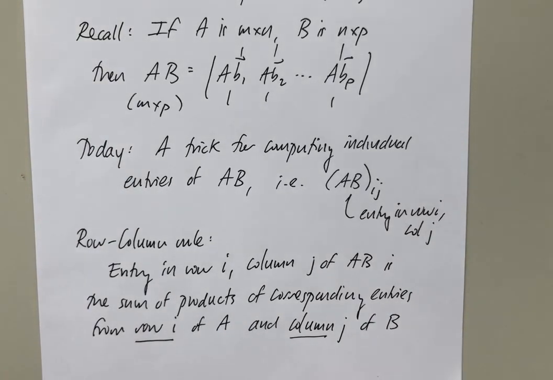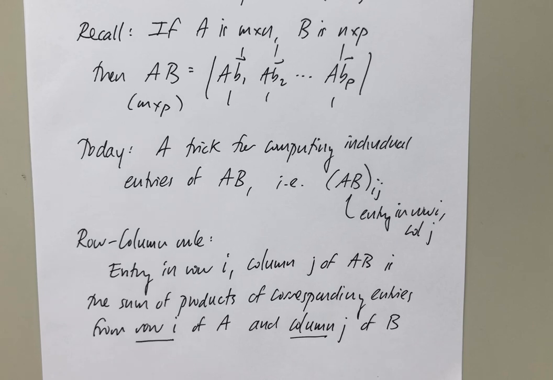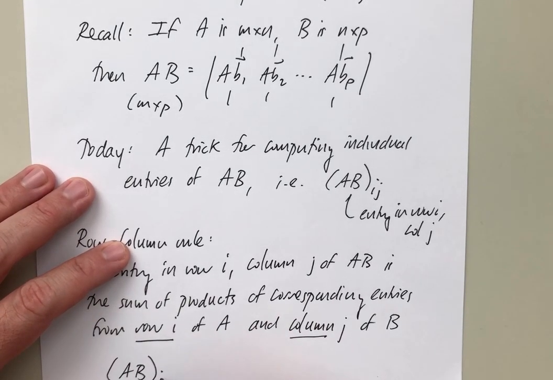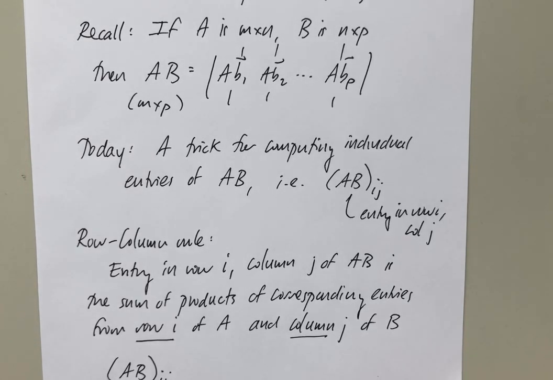It should look familiar. This is the same sort of process we had when we were taking a matrix times a vector. In fact, that's a special case of this. But in general, if you take matrix times matrix, you want to know the entry in row i, column j of the product.